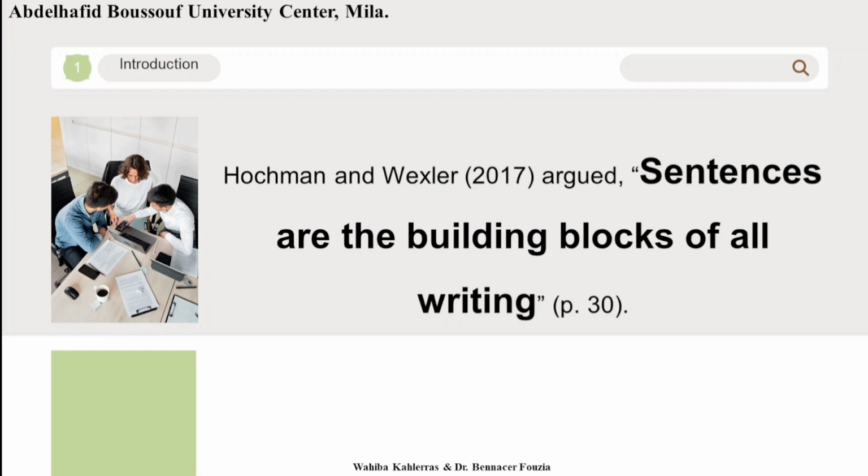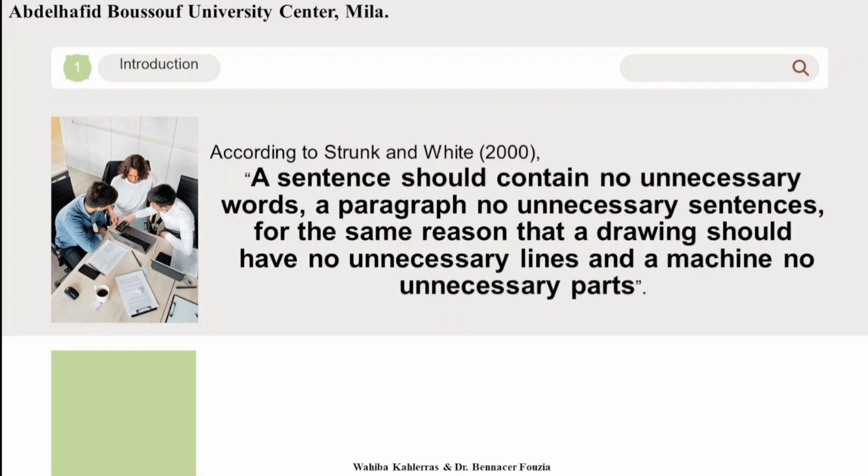Sentences are the building blocks of writing. A sentence should contain no unnecessary words, a paragraph no unnecessary sentences, for the same reason that a drawing should have no unnecessary lines and a machine no unnecessary parts. So sentences are the basis for more extended writing.